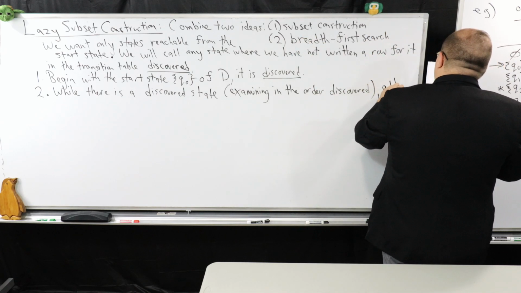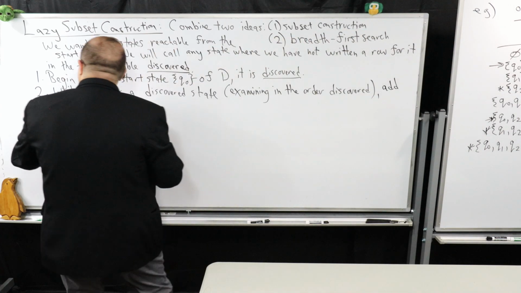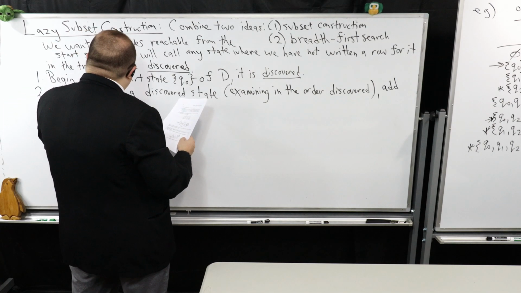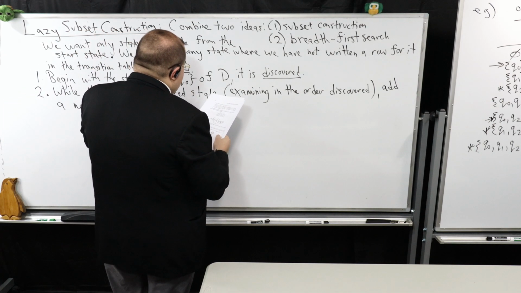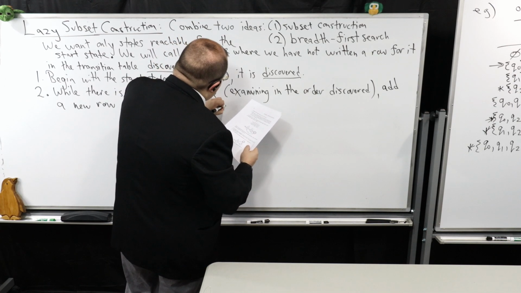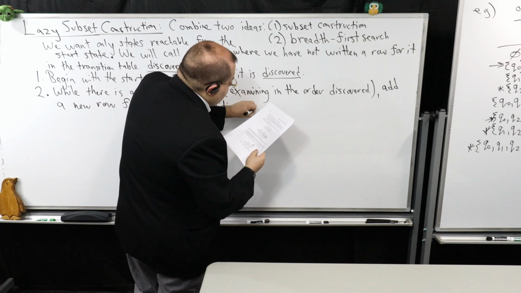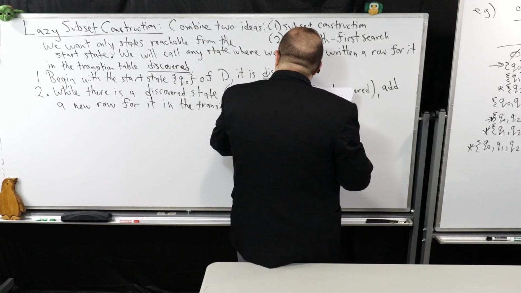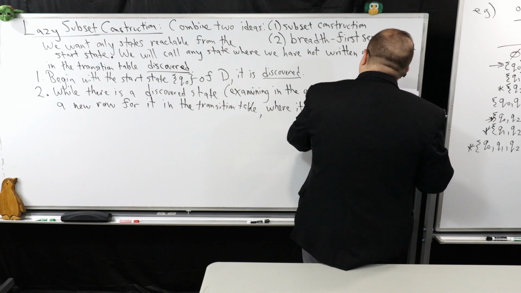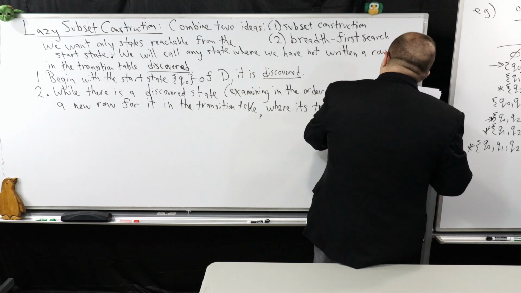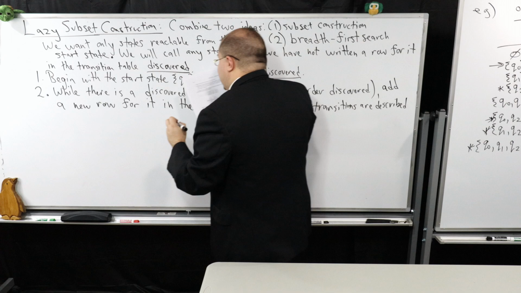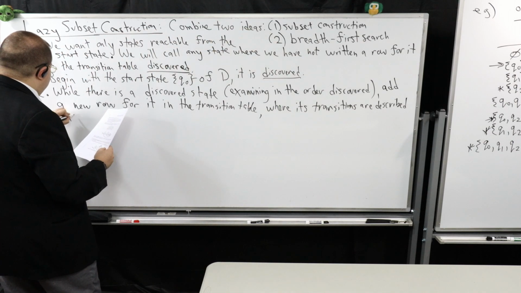You're going to add a new row for it in the transition table, where its transitions are described by the subset construction.